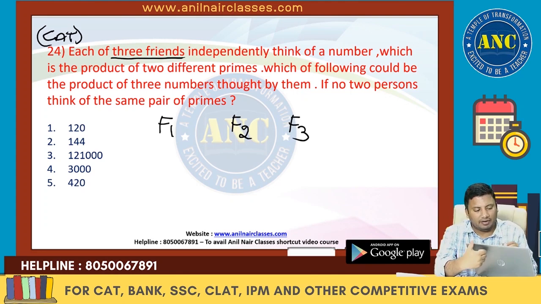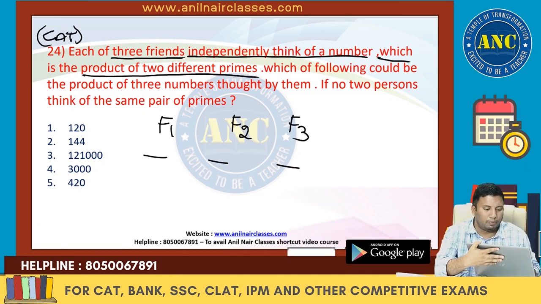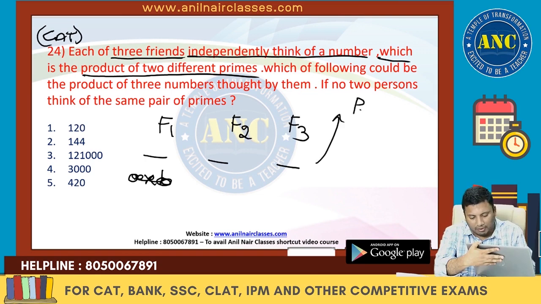Each of the 3 friends independently thinks of a number which is the product of 2 different prime numbers.